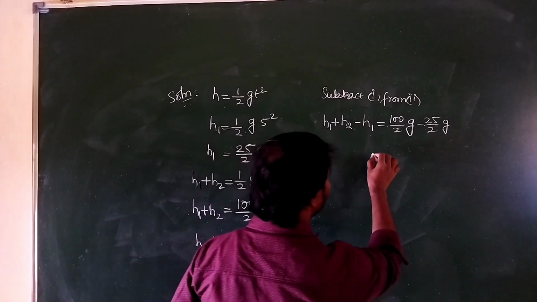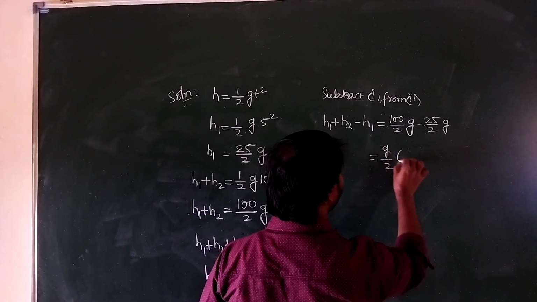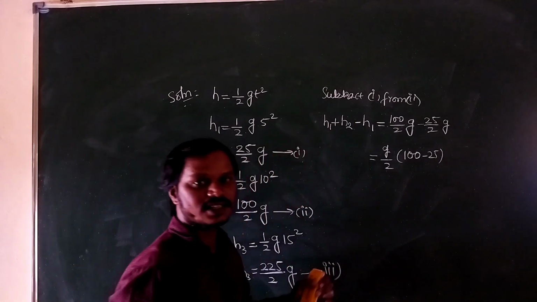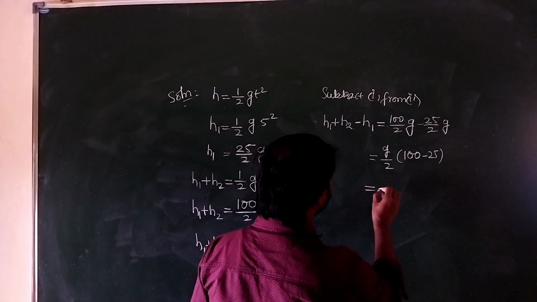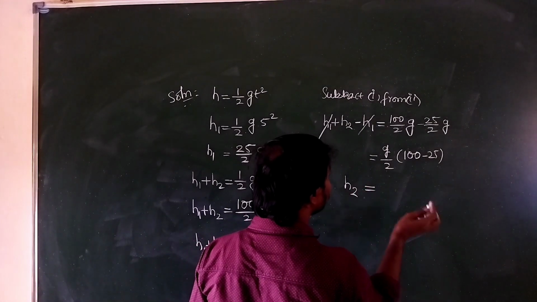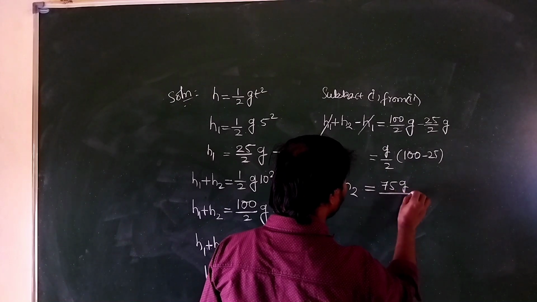Now this can be written as, so what is common here? g by 2 is common, then 100 minus 25, that is 75. Then h1 minus h1 gets cancelled, then h2 is equal to 75 g by 2.